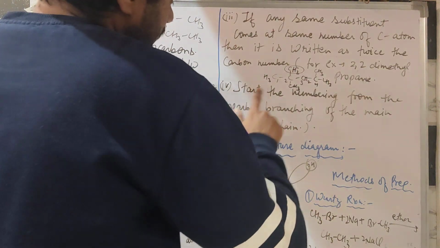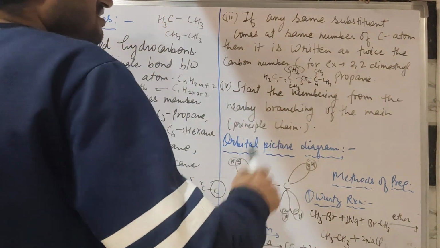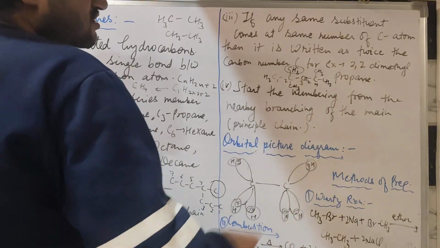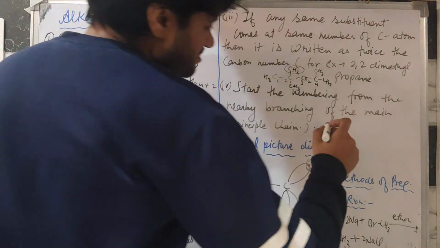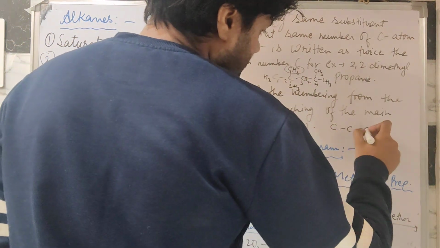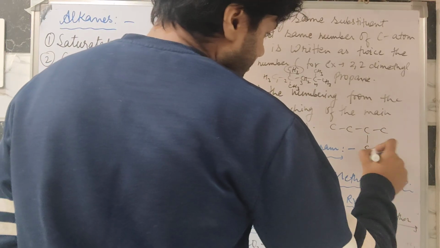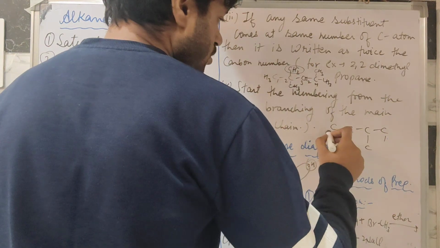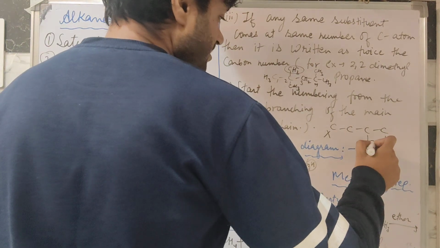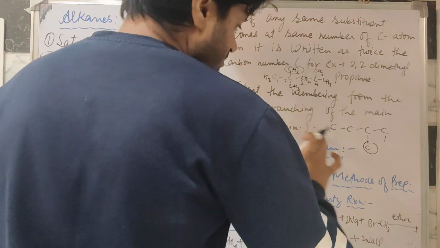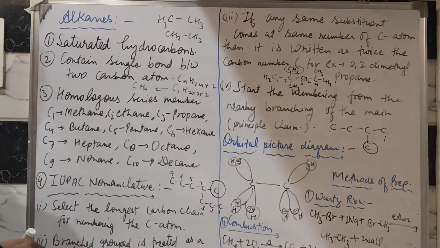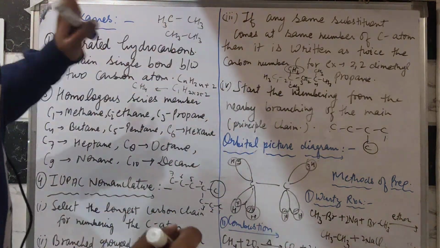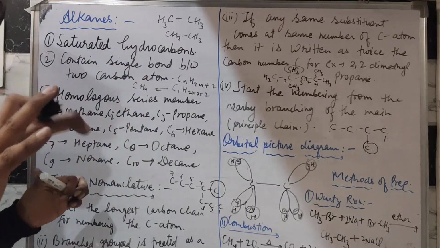The next point is to start the numbering from the nearby branching of the main principal chain. Numbering always starts from the nearest branch, so you will start from here, not from there. This is the basic IUPAC naming, very common, and you should know it.